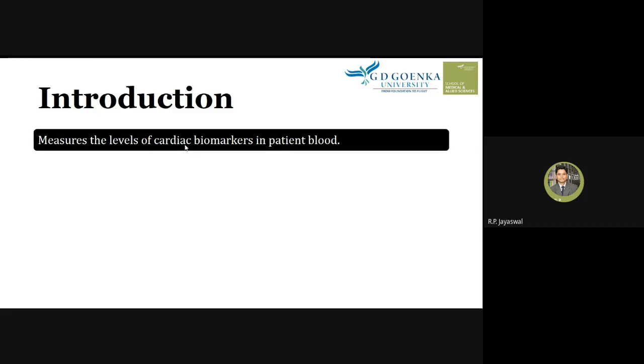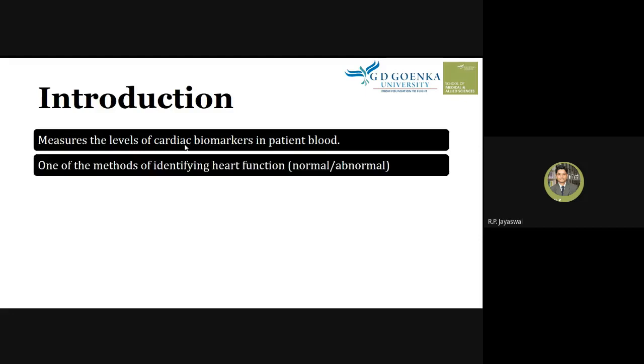And after that we can measure the extent, the severity of the damage in the heart muscles. So here we study the cardiac biomarkers which we can measure in the blood, and this is one of the methods of identifying heart function.